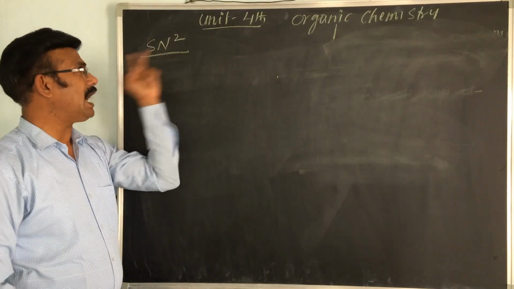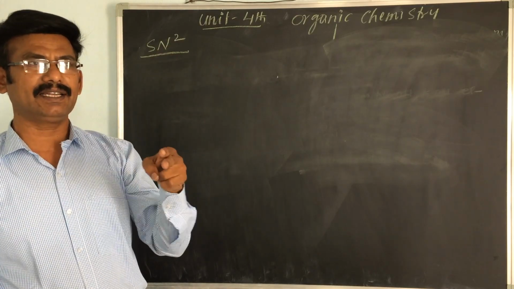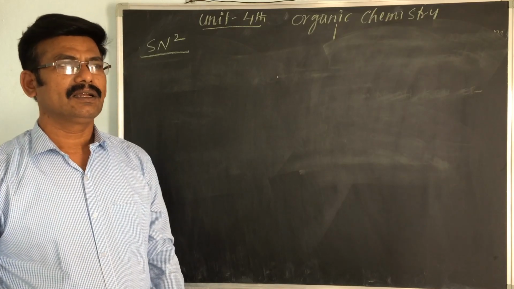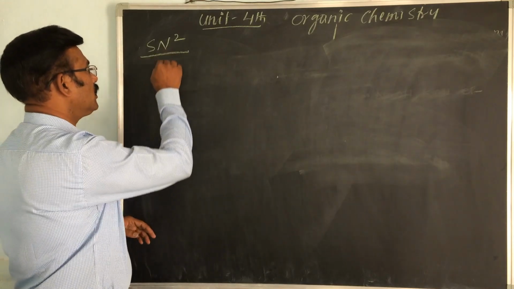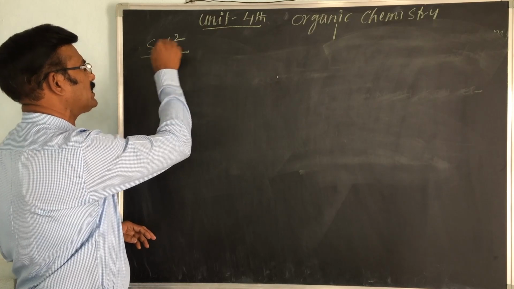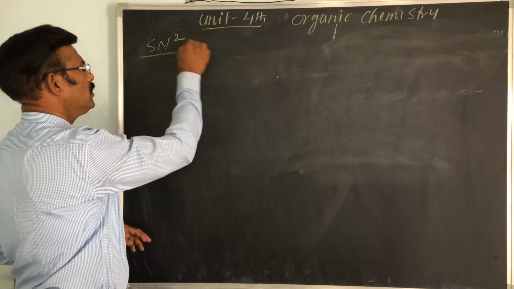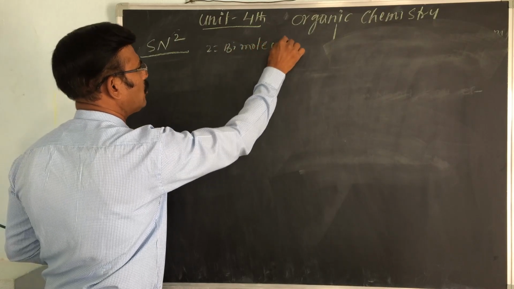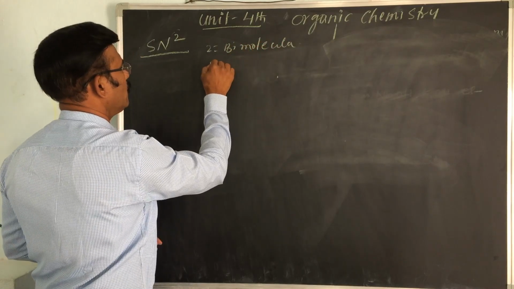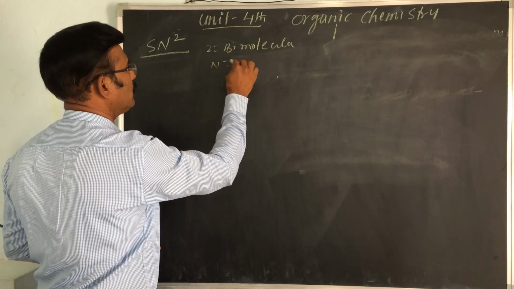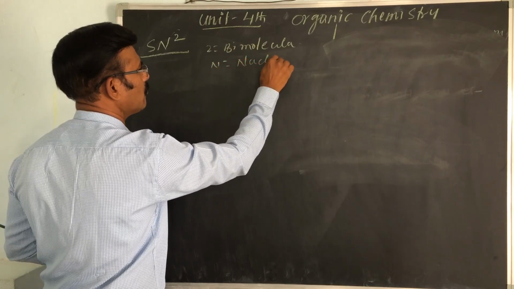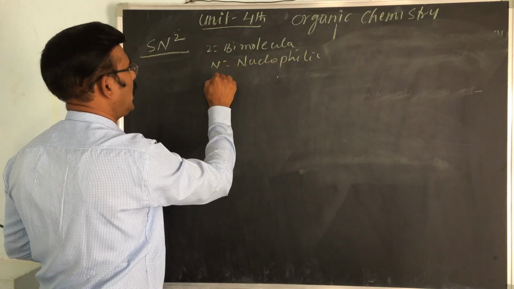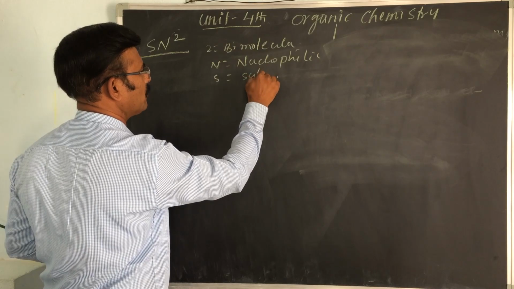Mainly in this bimolecular reaction, two molecules are involved, one is the reagent, that is the nucleophile, and another one is the substrate. Both the compounds are involved. S N 2: 2 means bimolecular, N is equal to nucleophilic, and S is equal to substitution.